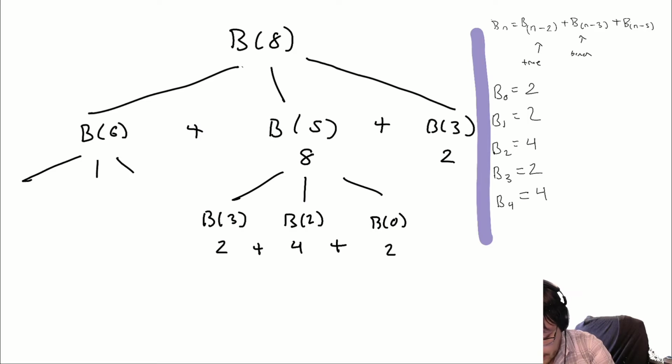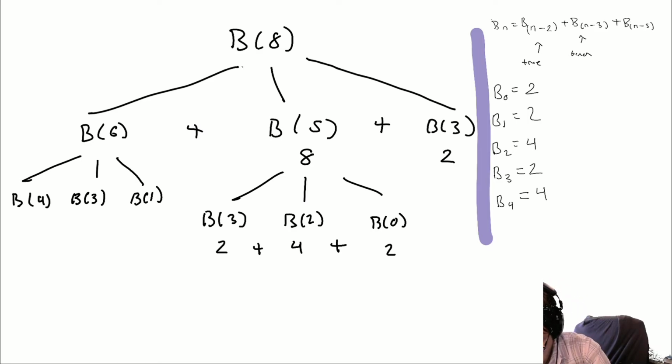B of 6 is made up of B of 4, B of 3. Oh, that 3 doesn't look right. Try it again. And B of 1. Okay. All of these are given to us, so that's pretty nice.